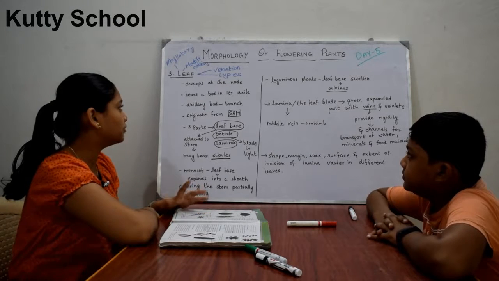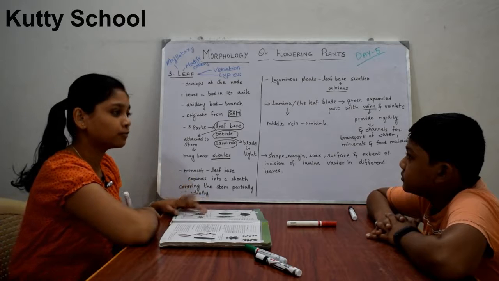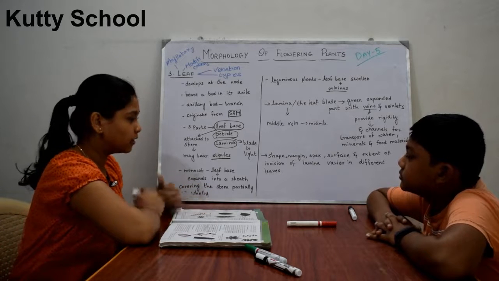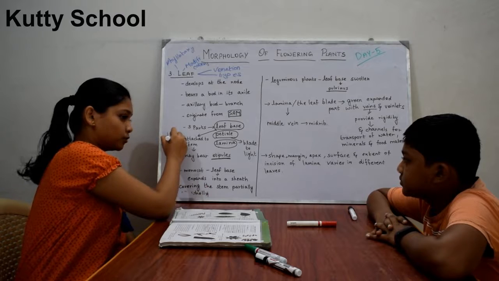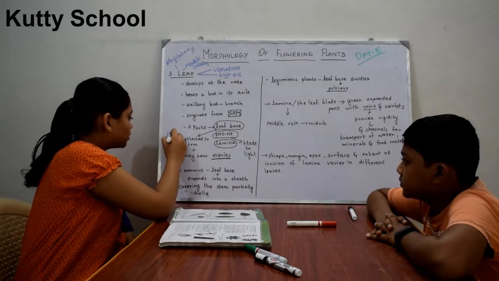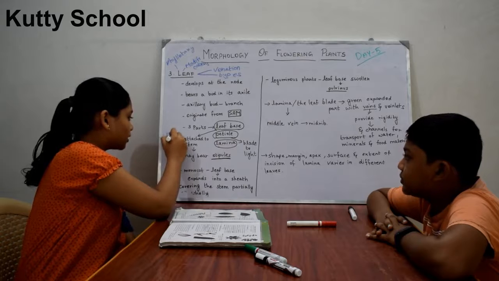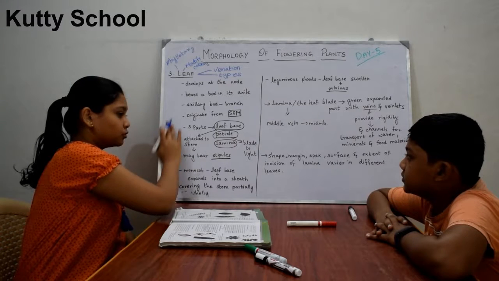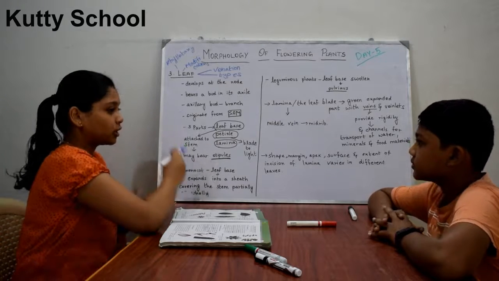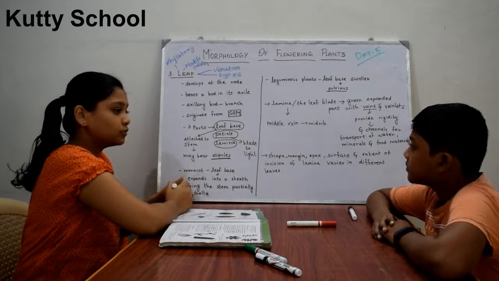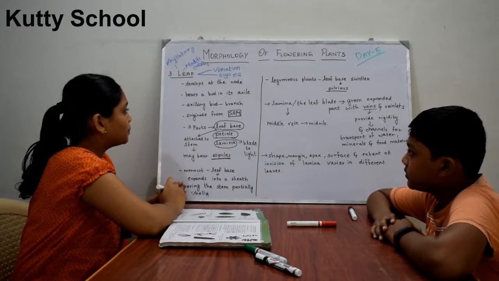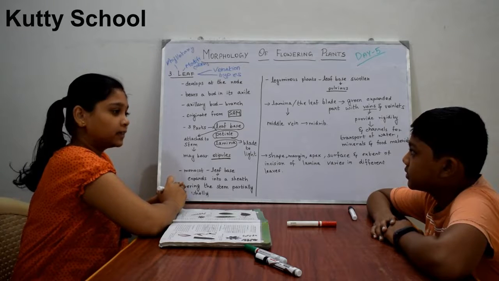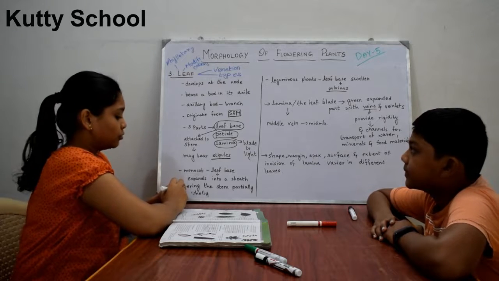So what is a leaf? It generally develops at the node. The node we have already studied in the last class: it is the part of the stem where a branch develops. These leaves also develop at the nodes, and the space between them is the internodes. Leaves start to grow at the nodes, and these bear a bud in their axil.